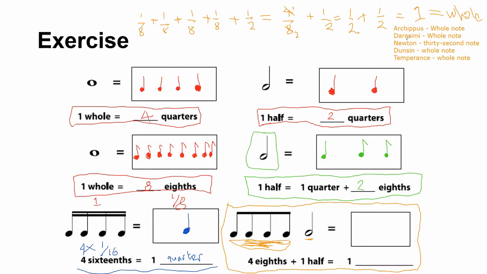So when you do this and you get a 1, it means that it's a whole note. So the answer here is a whole note. And then how do you draw the whole note? The whole note is simply an open round shape, like that. Okay, is that clear with everybody?